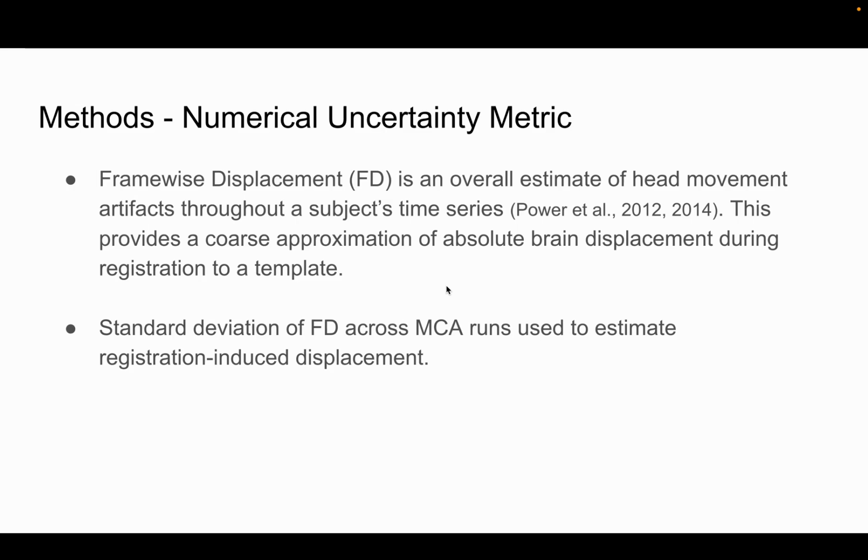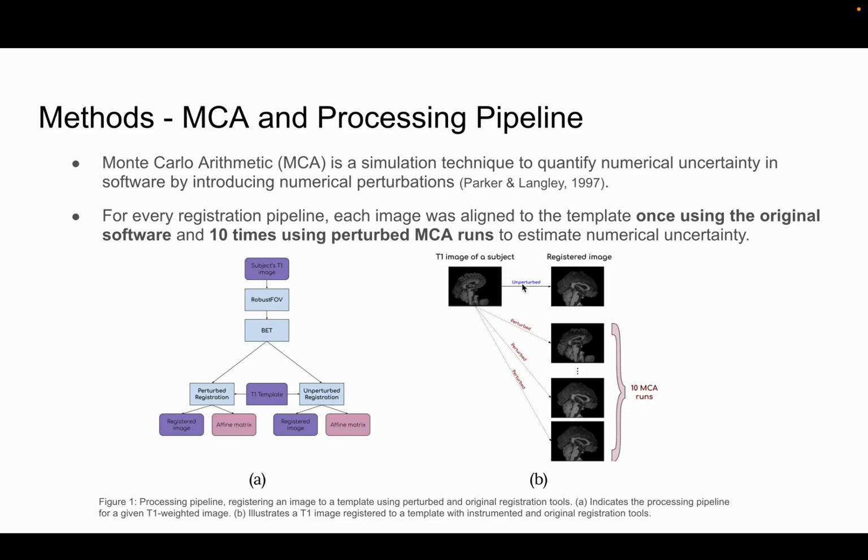We measured the variability using the standard deviation of frame-wise displacement. Essentially, frame-wise displacement is an estimate of how much the brain image moves to be registered to the template, and we compare this movement metric across all 10 MCA runs, and see how variable they are.